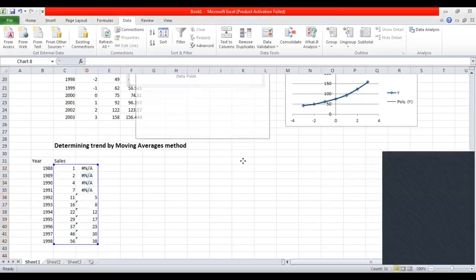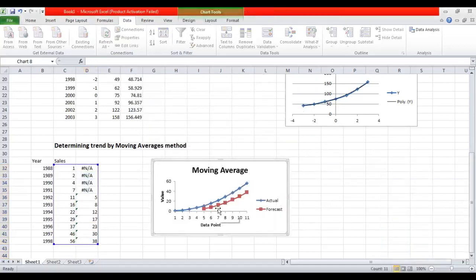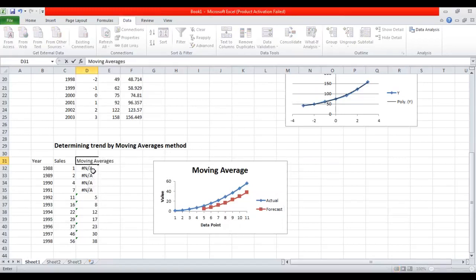Then we get this moving average line. If you observe, this blue color is the original line for the given data, and this red color line is the forecasted line that indicates the trend value. So these are the moving averages, that is, 5 years moving averages. If you observe, these values will always be placed in between.